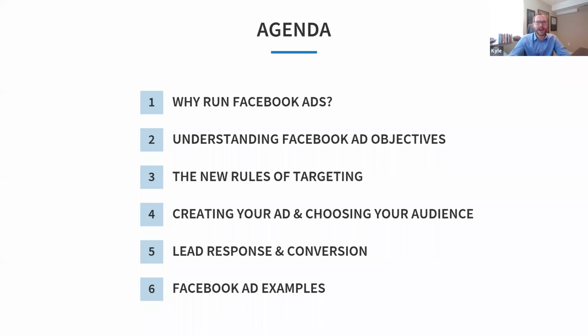And we'll talk about how that kind of impacted this. We'll also talk about what kind of ad we're going to choose for our audience type, lead response and conversion, and some of the examples that I've seen that work really well. That way you guys can borrow them and use them as your own. And then after all that's said and done, we'll follow up and wrap everything up.